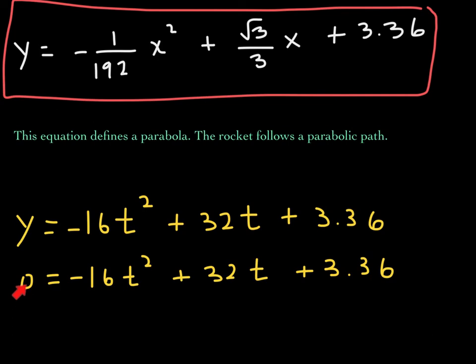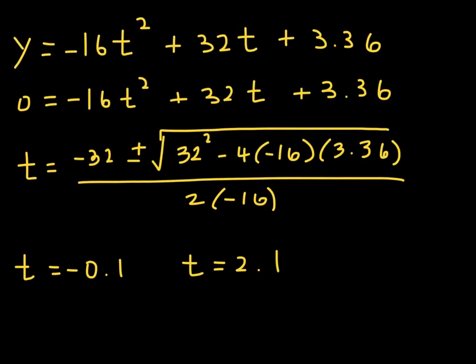With a rocket, when it hits the ground, you're talking about y equal to 0. So what we need to do here is solve for t. You can use the quadratic formula here. Using the quadratic formula gives us that either t is negative 0.1 or 2.1.